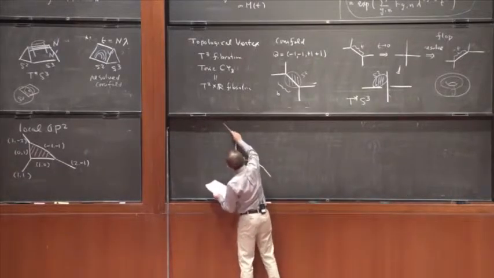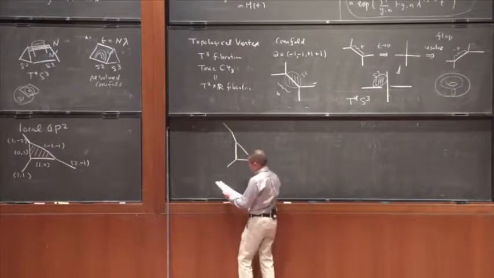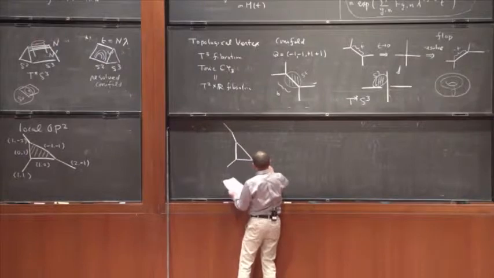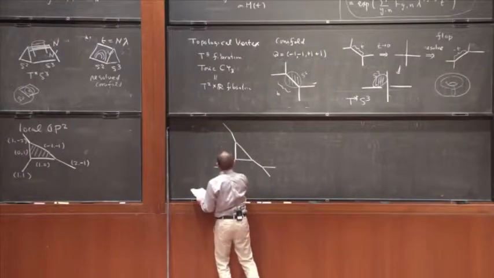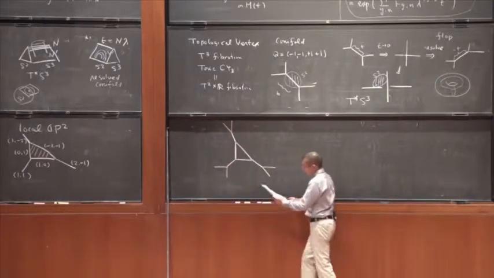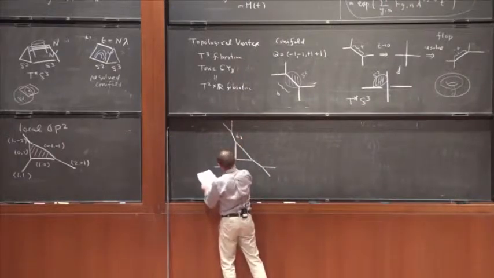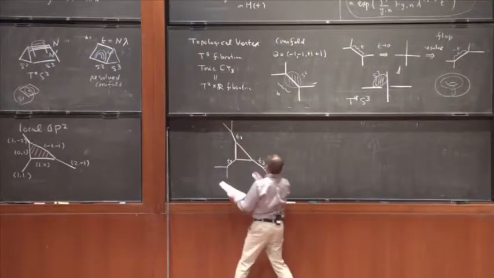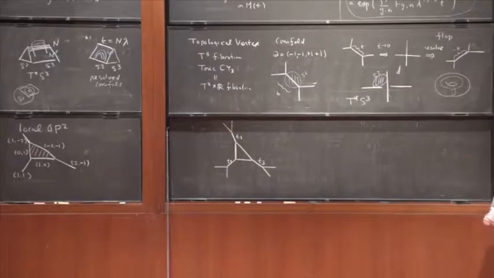These yellow lines are parallel to each other, and these blue lines are parallel to each other, and these red lines are parallel to each other. And now I have 3 scalar moduli here. So this is the extended version of local CP2 geometry.